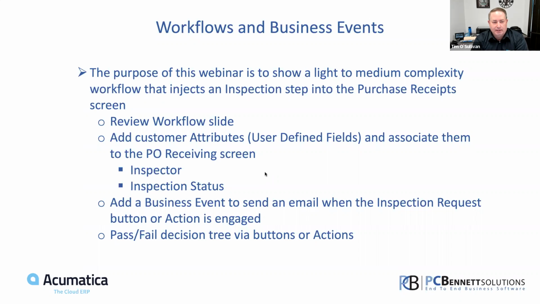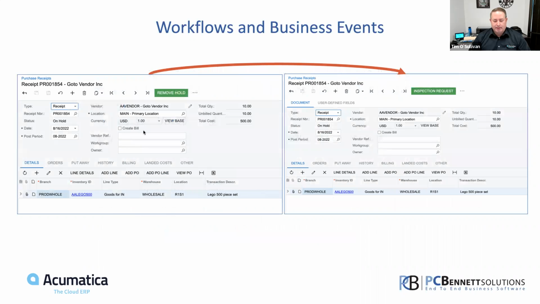Then we're going to add a business event to trigger an email sent out to an inspector, with pass and fail buttons they can interact with in the purchase receipt screen to pass or fail that receipt.